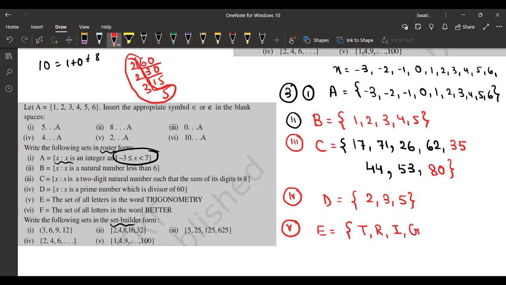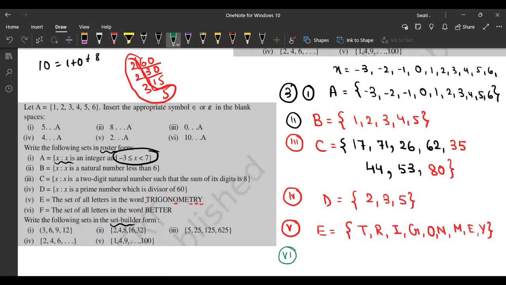T, R, I, G, O, N. You can see that we have O again, but we will not write it, because we have already written O. Next is M. Yes, we can write M. Next is E. We will write E. Next is again T, but we will not write this T because we have already written it. Again R, we will not write R because we have written it. Then Y, we have not written this, so we will write it. And that's the answer.